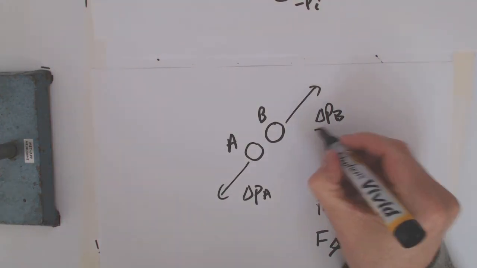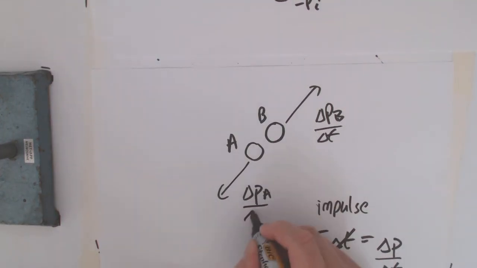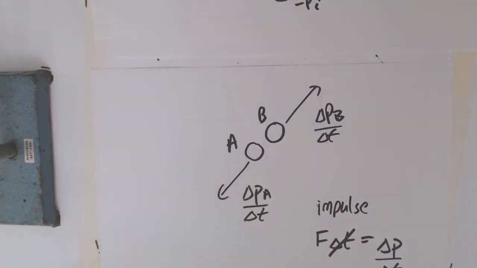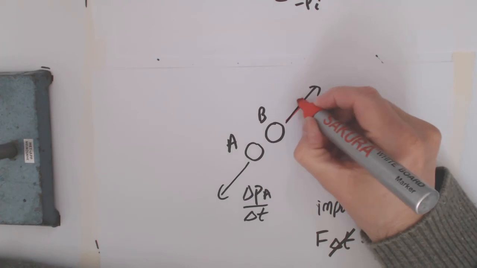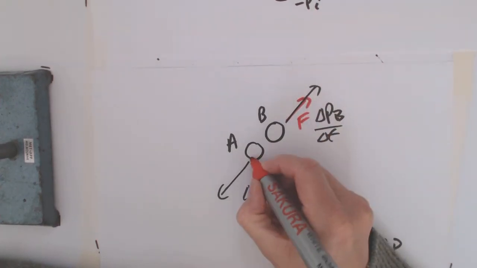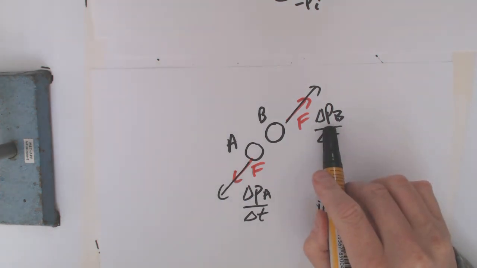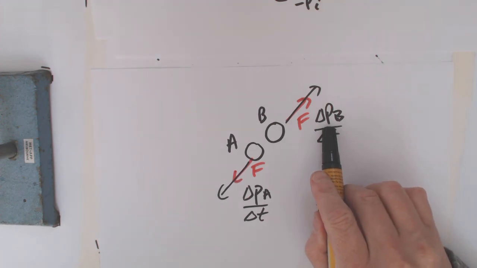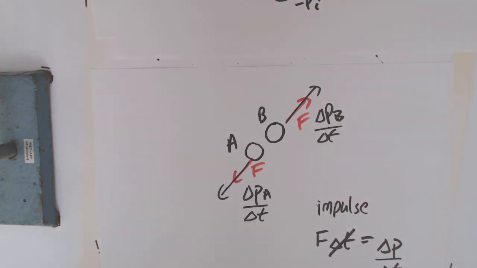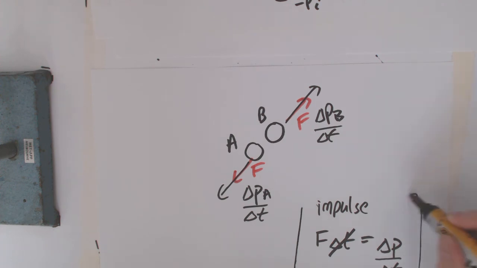So if I divide both of these by the change in time, which was the time for the collision, I would now have a force vector. And the forces are equal and opposite, as you can see. So in a collision, you have an equal and opposite change in momentum, and therefore an equal and opposite force. We'll talk about this impulse after this.